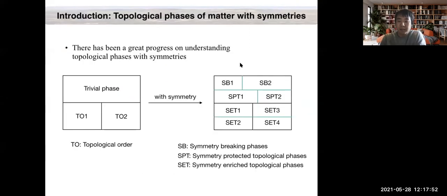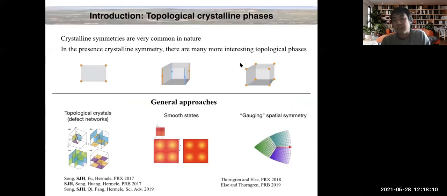Over the past few years, there has been great progress on understanding topological phases and topological phases with symmetries. The early works mostly focused on systems with internal symmetries. Relatively recently, we have extended our understanding to crystalline symmetries, and with crystalline symmetries, we have many more interesting phases.